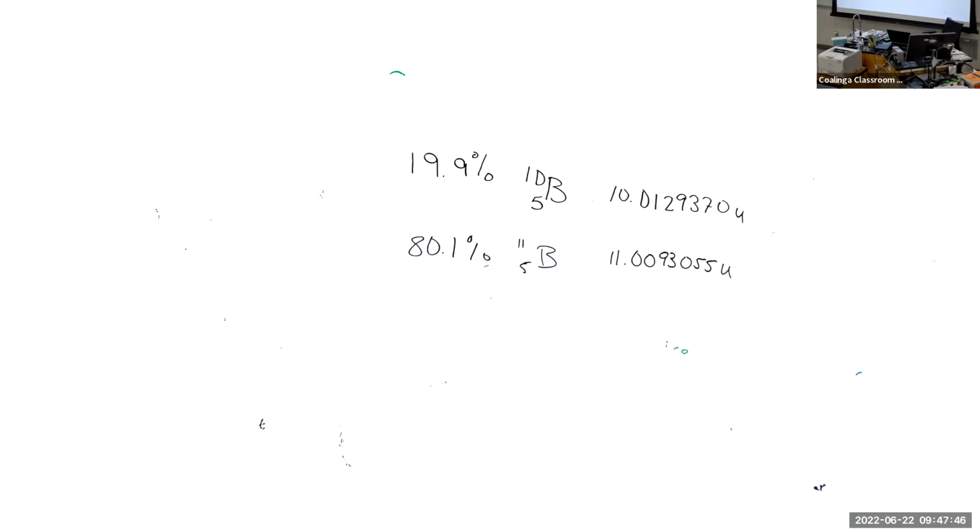Okay, so we're gonna do this. First thing that we want to do is change this into decimals, right? So we just divide everything by 100. Divide this by 100. So then you're getting 0.199. We're going to multiply it by its mass.